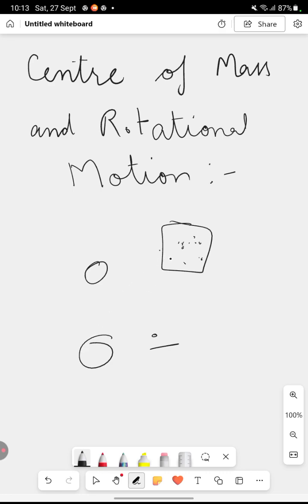Now all these particles will have different velocities. When this object moves, all the particles contained in this object will move with different velocities and in different directions.